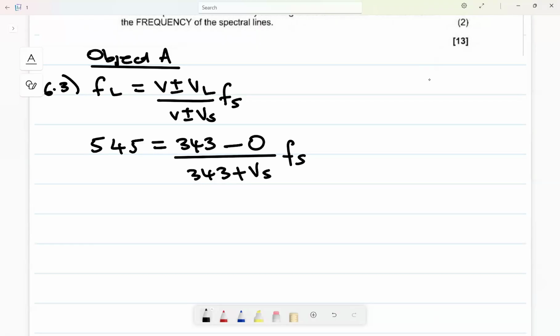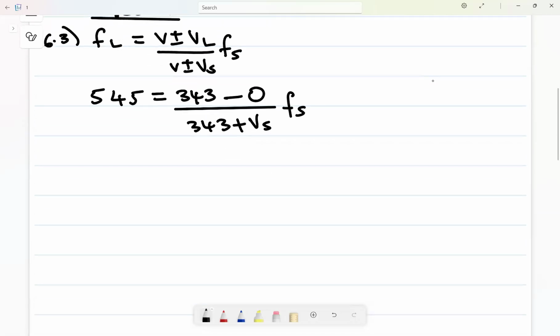So how can I do my mathematics here? I want this frequency of the sound.